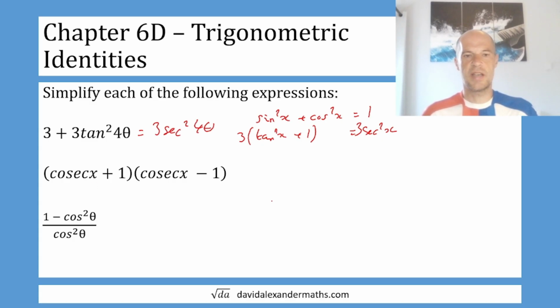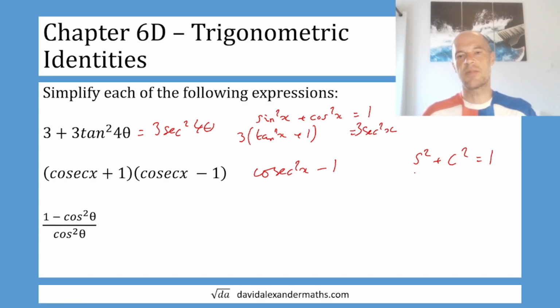For the second one, I'm not really sure what to do here, but I'll expand the brackets. That might enlighten me. So that's going to be cosec squared x take away 1. Now, if I think back to my sine squared plus cos squared equals 1, I often just write it as s squared plus c squared equals 1. So for the previous one, I divided through by cos squared.